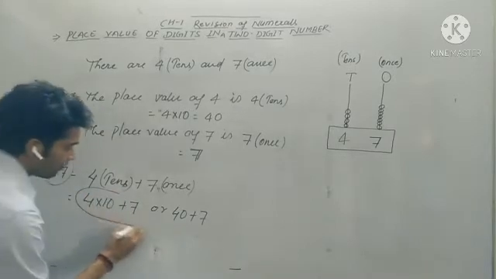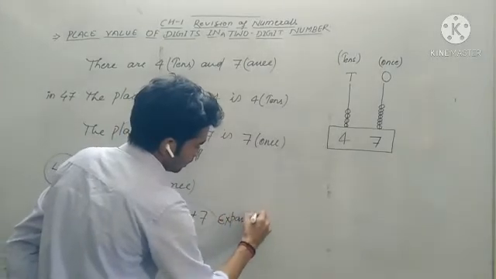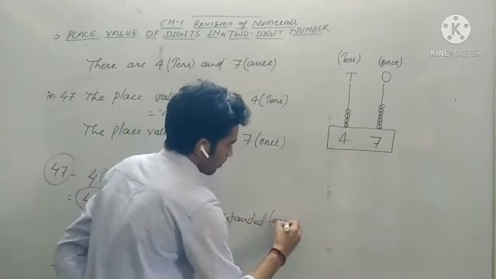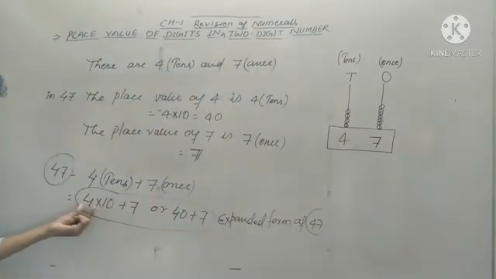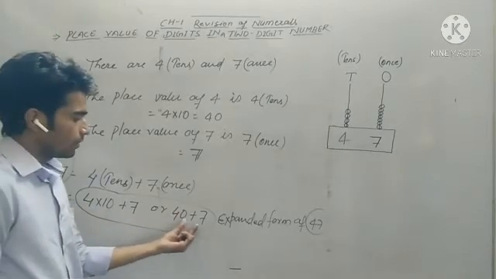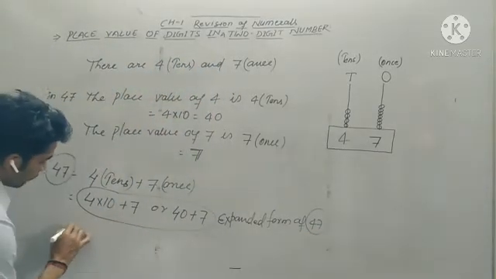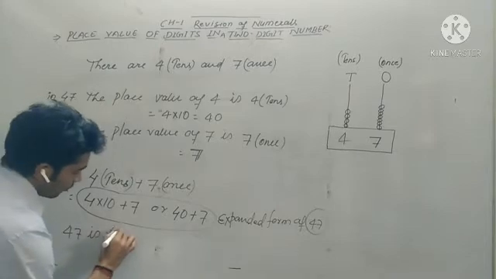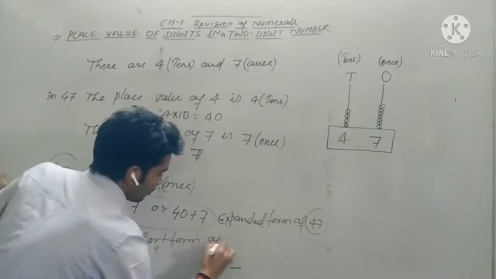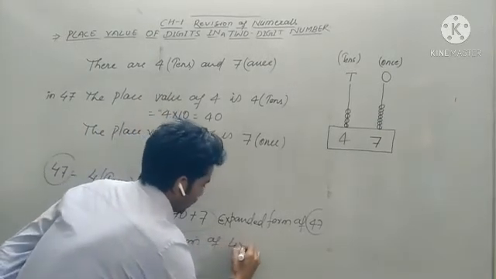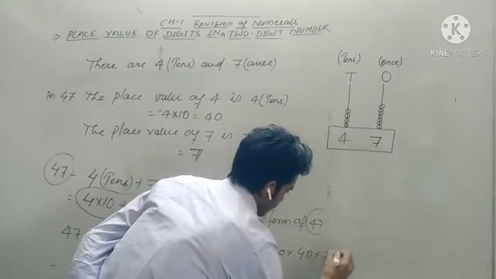So this is the expanded form of 47. 4 into 10 plus 7, or 40 plus 7, is the expanded form of 47, and 47 is the short form of 4 into 10 plus 7, or 40 plus 7.